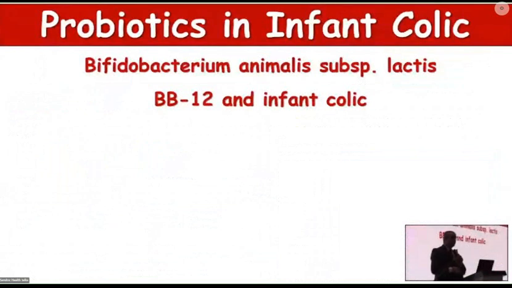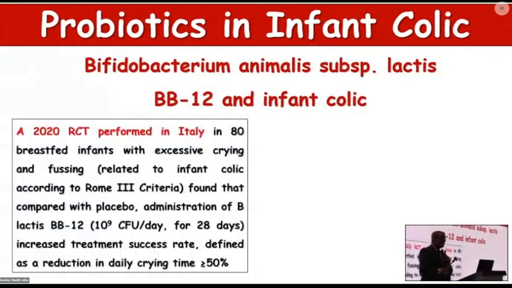Another two studies about BB12: one was done in Italy in 2020 on 80 breastfed infants with excessive crying. They were given 10 to the power of 9 colony forming units per day for 28 days. This increased the treatment success in the form of reduction of duration of crying by more than 50%.